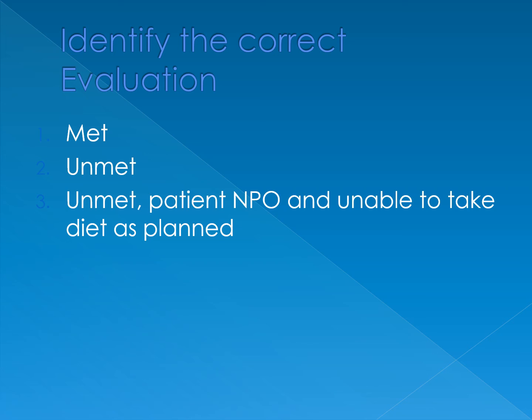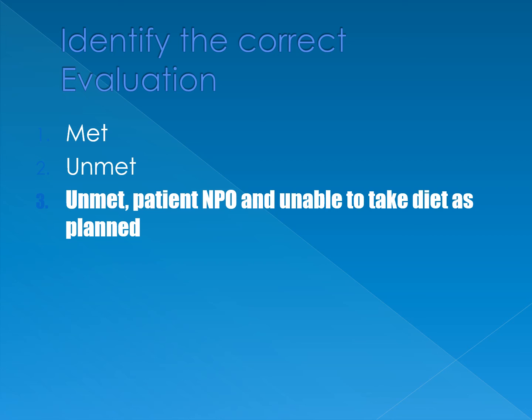So we could say we wanted them to consume 50% of their diet for lunch. That might be our goal, or for during our shift. And then the patient ends up being made NPO, and now that goal doesn't work at all. And that does happen. So in this particular case, the correct answer is number 3.